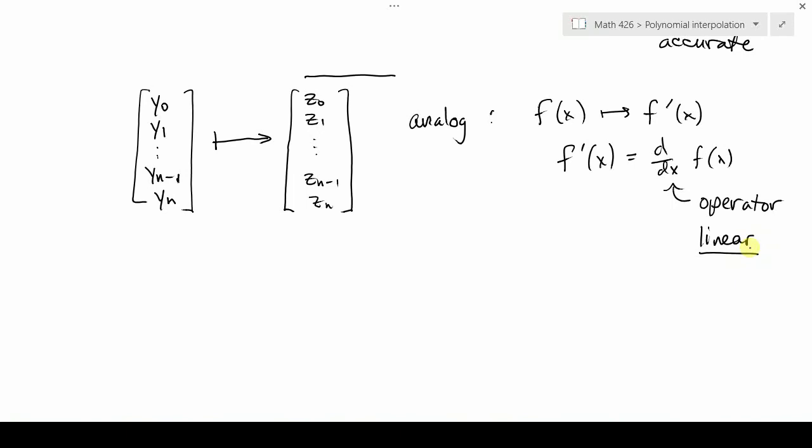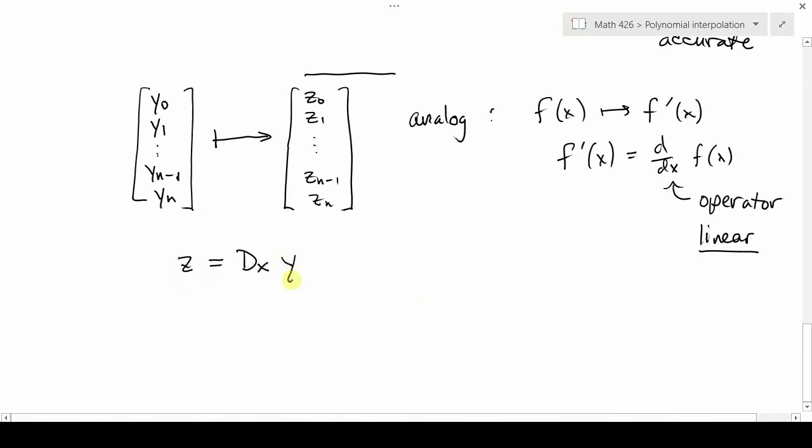So that means that hopefully our discrete case is also a linear operator. And a linear operator is always a matrix, and I've already messed it up by writing these backwards. So z is Dx times y. And this Dx is called a differentiation matrix.